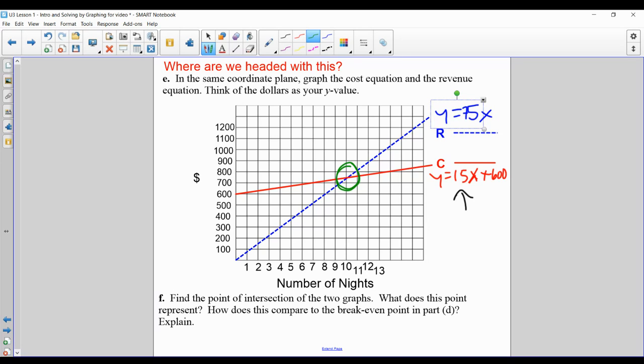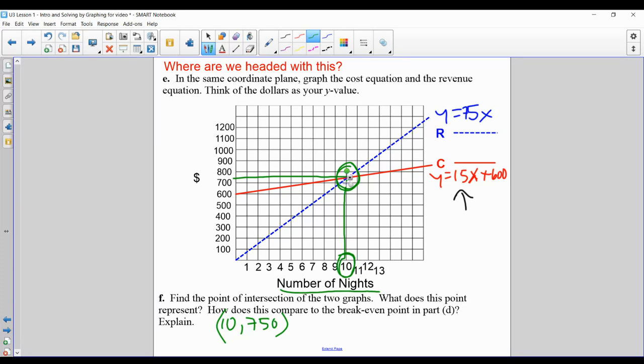If you look at this, the number of nights is 10, and the dollar amount where that is happening is 750. So the intersection point of the two graphs is 10 on the x and 750 on the y.